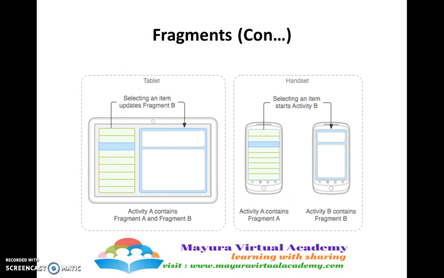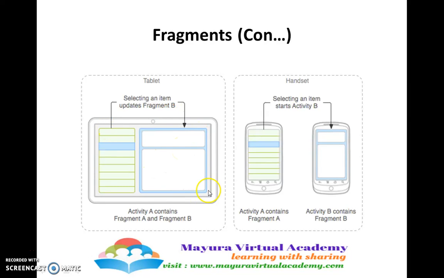Coming to a scenario, suppose you come up with a news application. On the left-hand side, you'll be given a list of news articles, and on the right-hand side, you'll be able to read the articles.